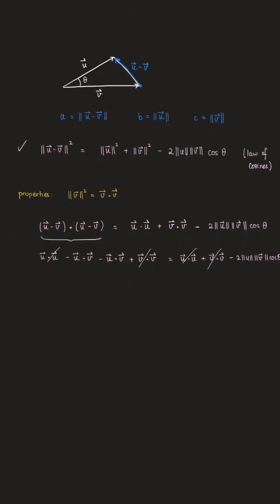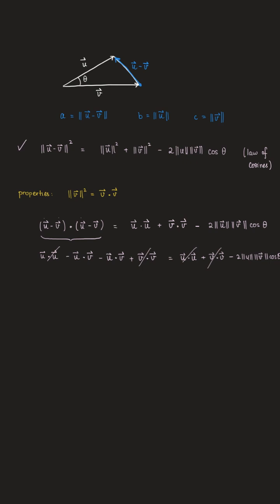On the left, recall that u dot v is a scalar, so we can combine these two scalars, and we have negative 2 of them. So I have a negative 2 times u dot v. And on the right side, we have a negative 2 times the magnitude of u times the magnitude of v times cosine theta.